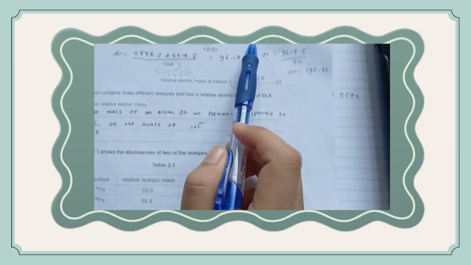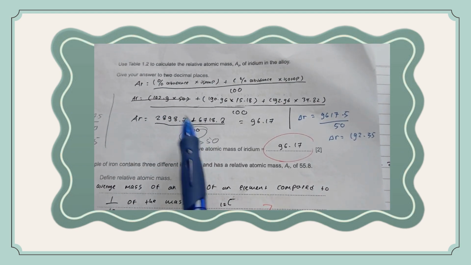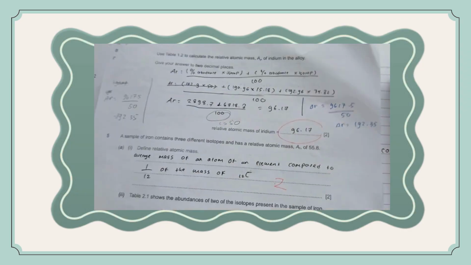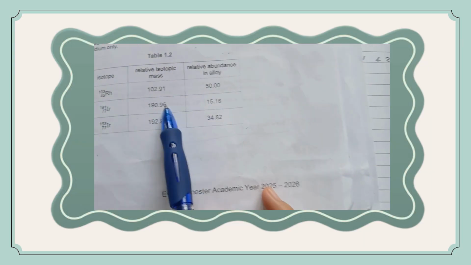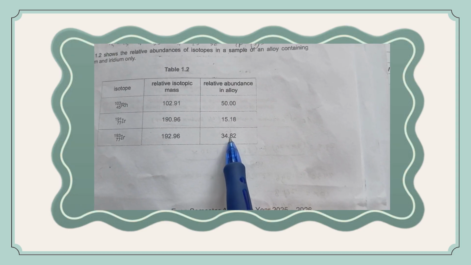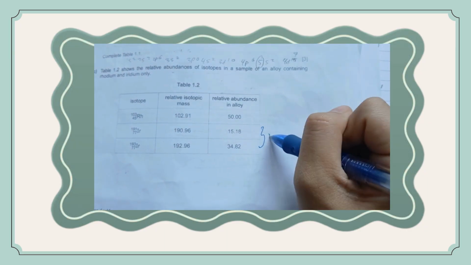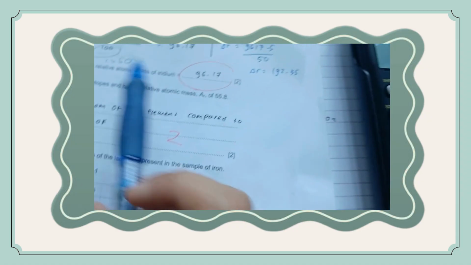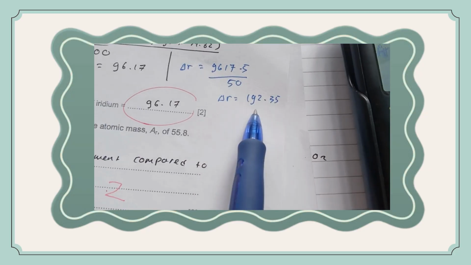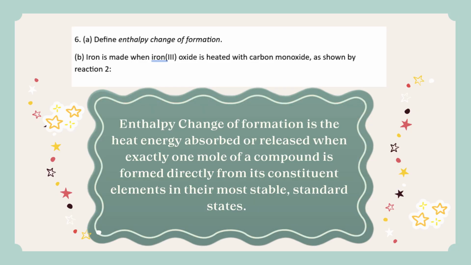At first I answered like this, but this is wrong because we have to divide it only by 50, because iridium in this table is 15.18 plus 34.82. This one has 50. If we add it, it is 50. Because we only calculate the iridium, we divide it by 50 and we got 192.35.